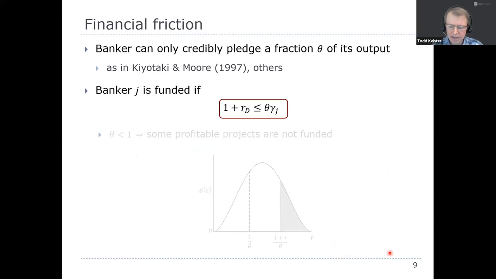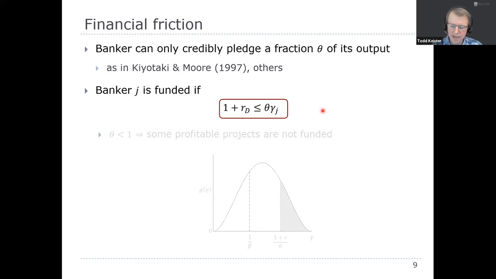We're also going to have a financial friction, which is a pledgeability constraint. You can just look here. A banker can only commit to repay a fraction theta of her output in the next period, which means that in order to be funded, the amount she needs to repay, 1 plus R_D on her deposits, can be no more than theta times her output tomorrow.